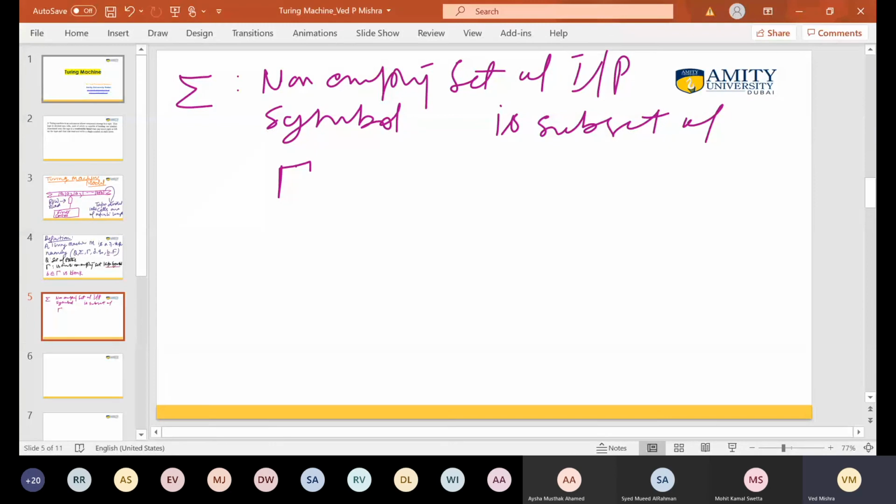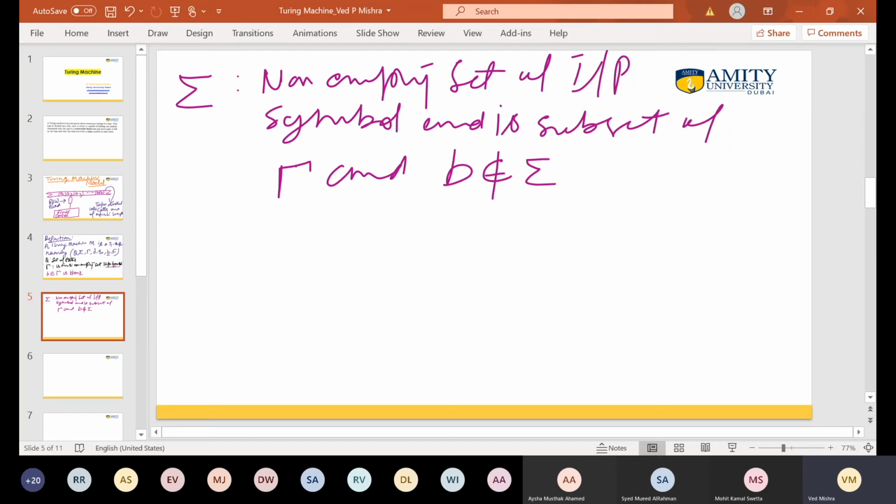But one thing you should keep in mind, blank will not come under this sigma. Blank will only come under the tape symbol.